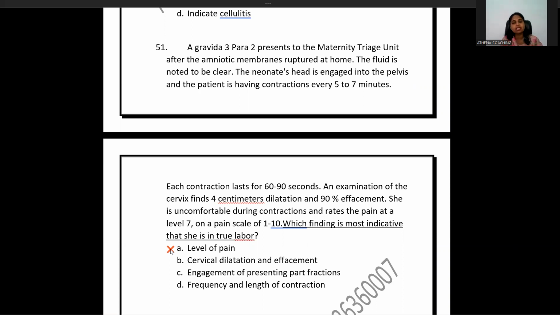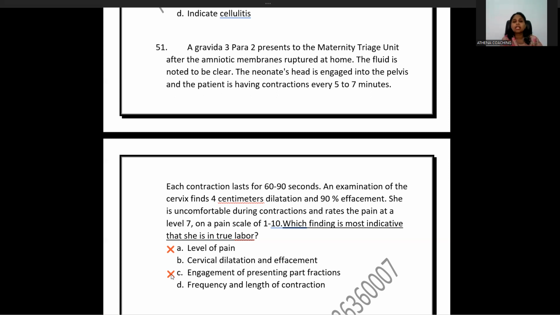So the second option is perfectly all right. Engagement of presenting part: engagement will happen at term or almost at the end of term, which is not a really good sign. And frequency and length of contraction, almost that is okay. If the length and frequency of contraction increase, that indicates a true labor sign.